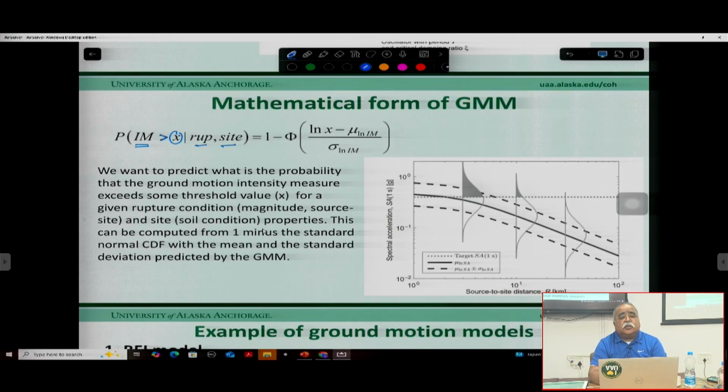So this is basically based on the normal distribution. The probability of being greater than x means it is 1 minus the cumulative normal distribution, or the normal CDF.